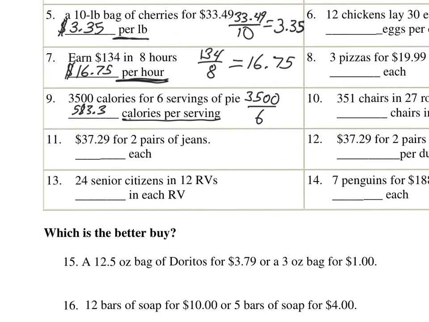Number 11, $37.29 for 2 pairs of jeans. We only want to know how much it costs for 1. So the 2 number of jeans goes in the bottom, and 37.29 goes in the top.